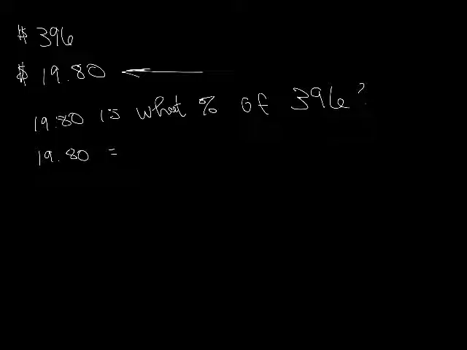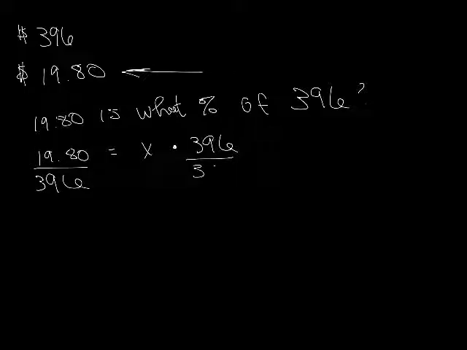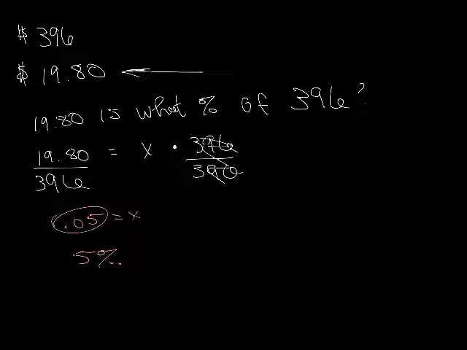Is what percent of 396? So then we're going to do this. Divide both sides by 396. That goes away. And we end up with 0.05 equals x, and then we change that to a percent, move the decimal place over 2, and we get 5%.